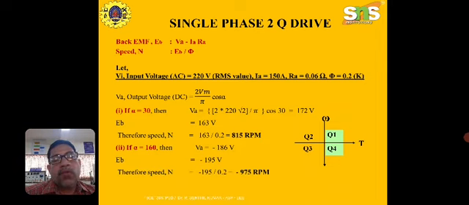You mean forward motoring and reverse motoring. Both are motoring, therefore the torque is positive, whereas the speed is positive for Q1 and negative for Q4.